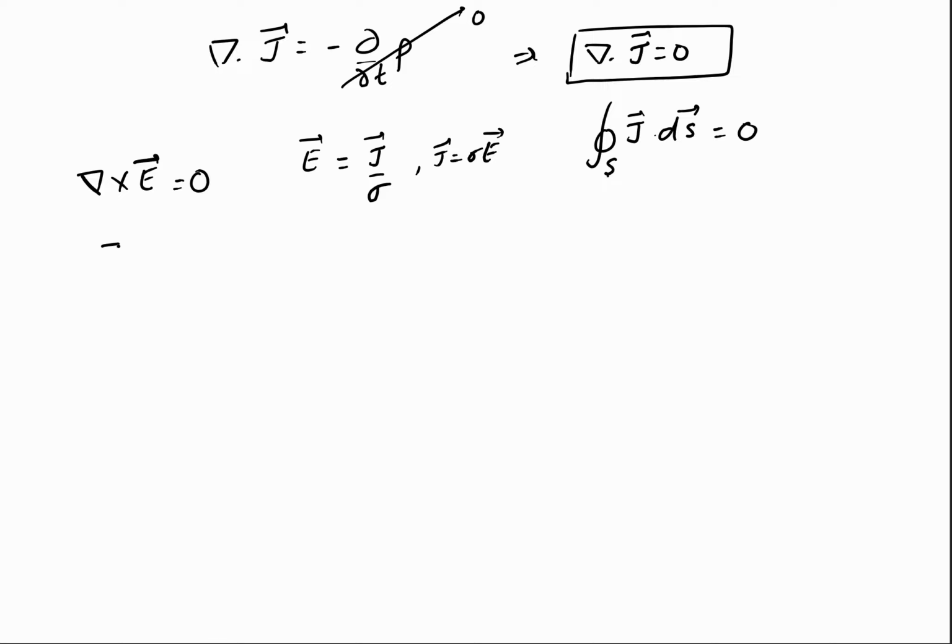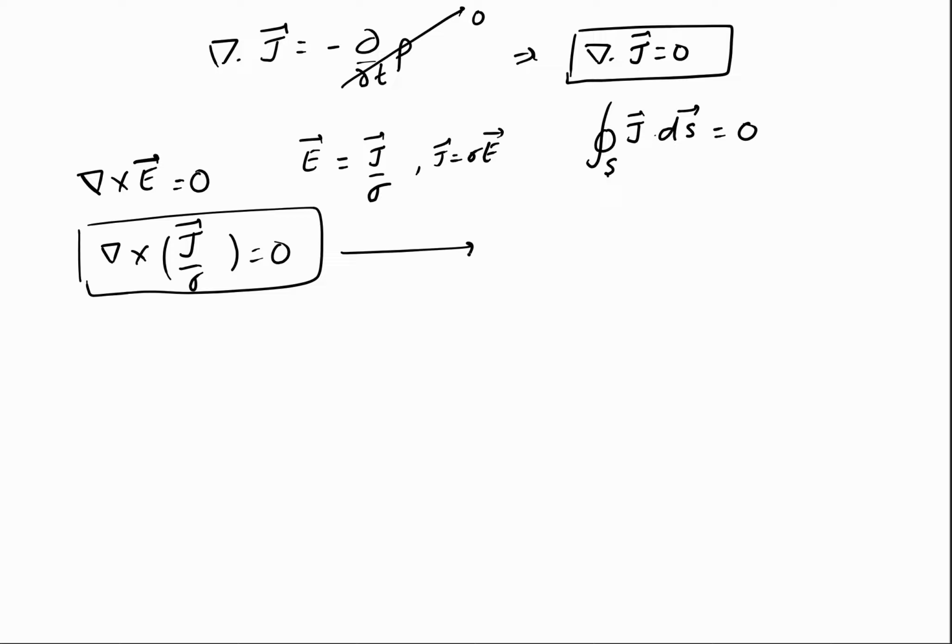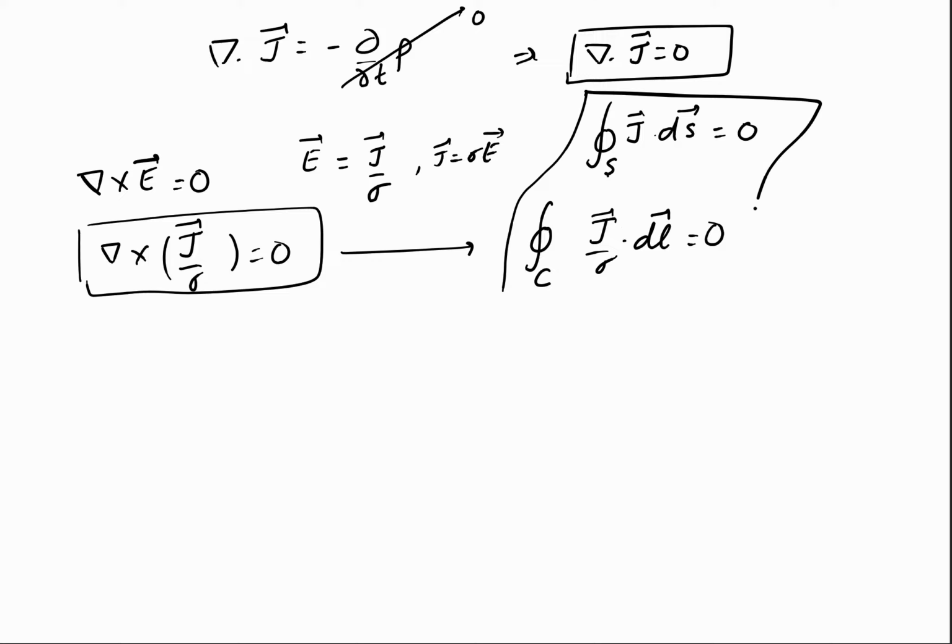So putting this, I will have del cross (J by sigma) is equal to 0, or in integral form I can write it as, over a closed circulation or curve C, J by sigma dot dl is equal to 0. Now we have these two integral equations.